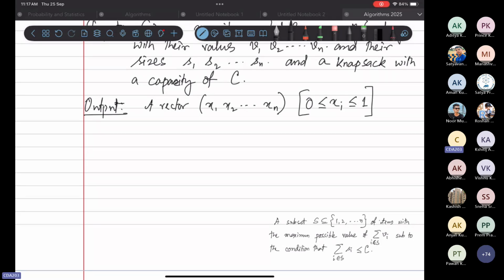This xi represents the fraction of the item taken. So x1 represents, for the first item, the fraction of it that I'm taking.